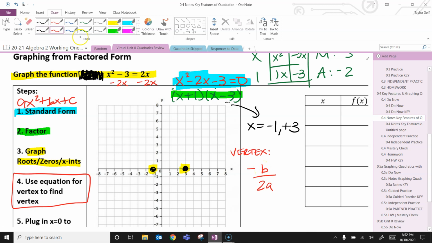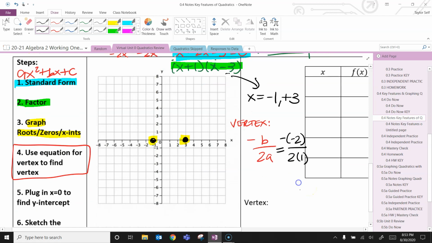So we need to go back to this form. Negative 2 was b, a was 1. So negative b over 2a equals negative negative 2, because I have to plug in negative 2 for b, over a was 1, so 2 times 1, equals, sorry, my notes are a little messy today, my bad, 2 over 2, because a negative and a negative turn positive.